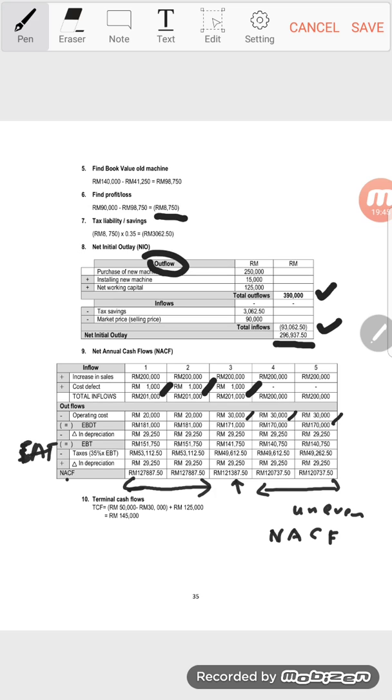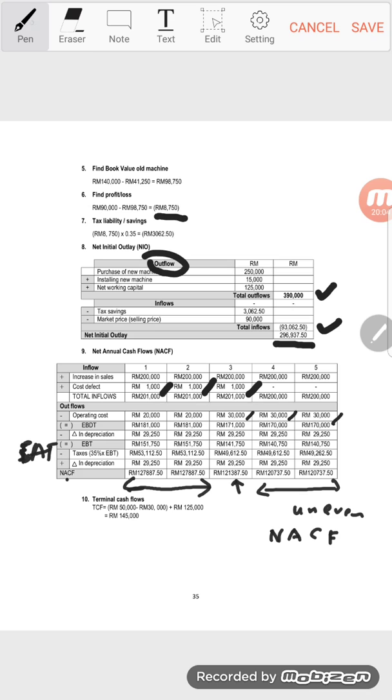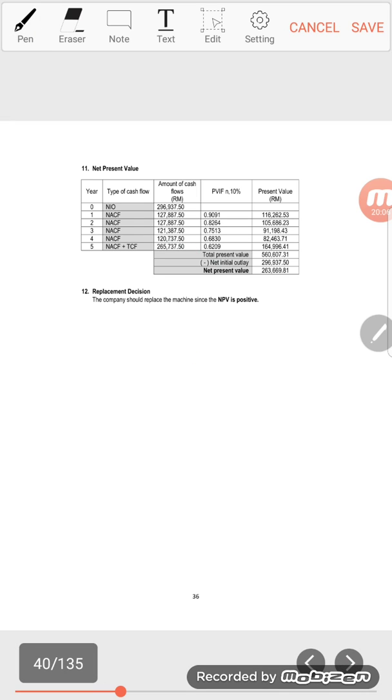Bila jadi uneven net annual cash flow ni, you terpaksa kira NPV you macam ni lah.